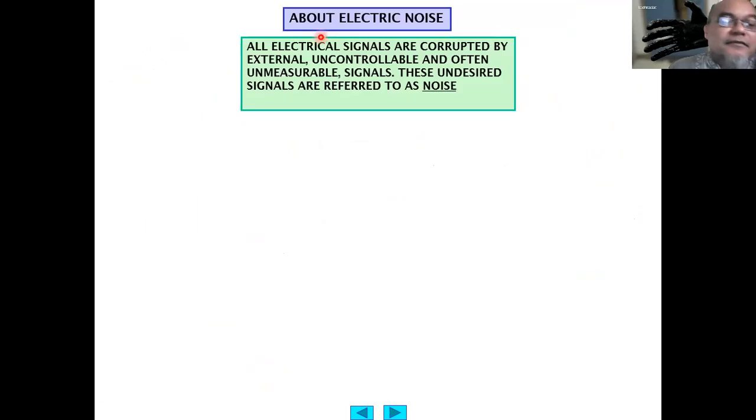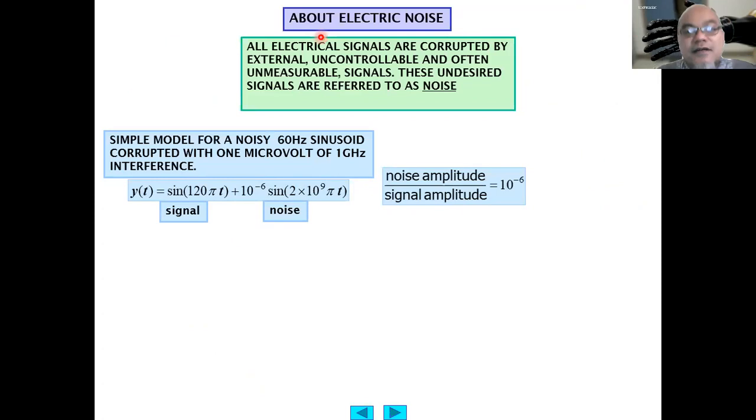But noise is unavoidable, inevitable. It will always occur in any electrical circuit. Usually, one major noise source will be the electrical line, the 50 hertz from the power line. That is why later you will learn about filtering the noise.